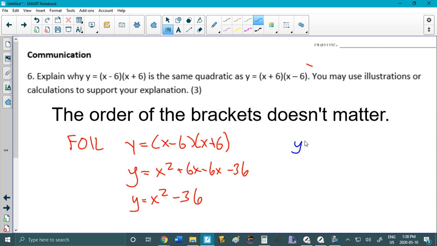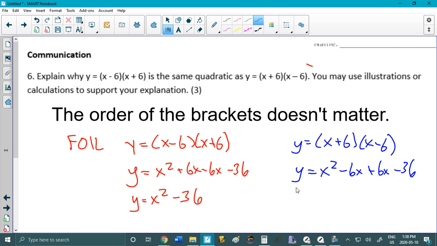Let's FOIL the other one, and hopefully we get the same thing. X plus 6, x minus 6, y equals x squared minus 6x plus 6x minus 36. Those negative 6x and positive 6x cancel. And then you could say, same. That's proof, right? If you FOIL them both and they're the same, then they're the same.